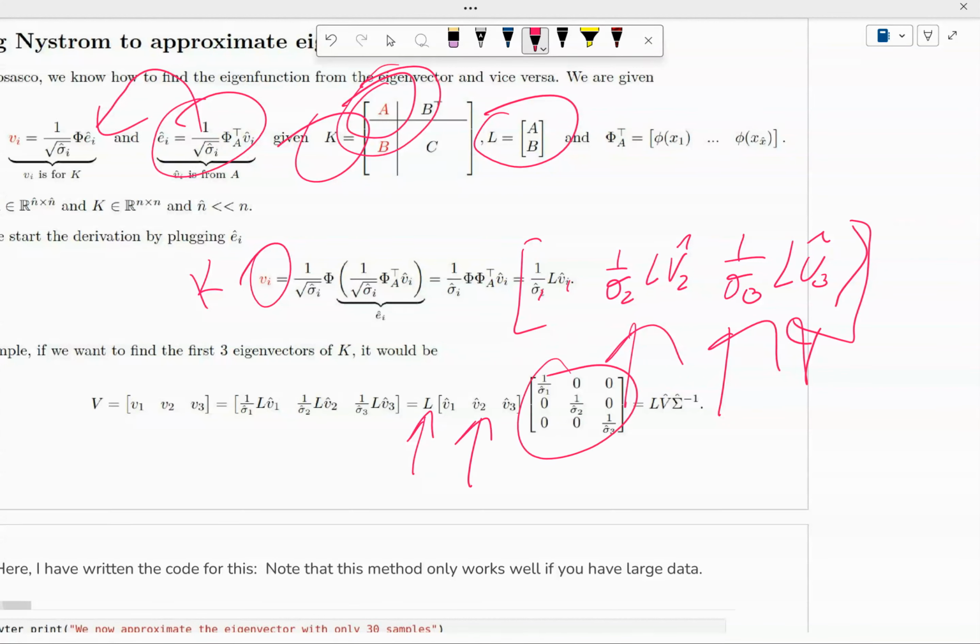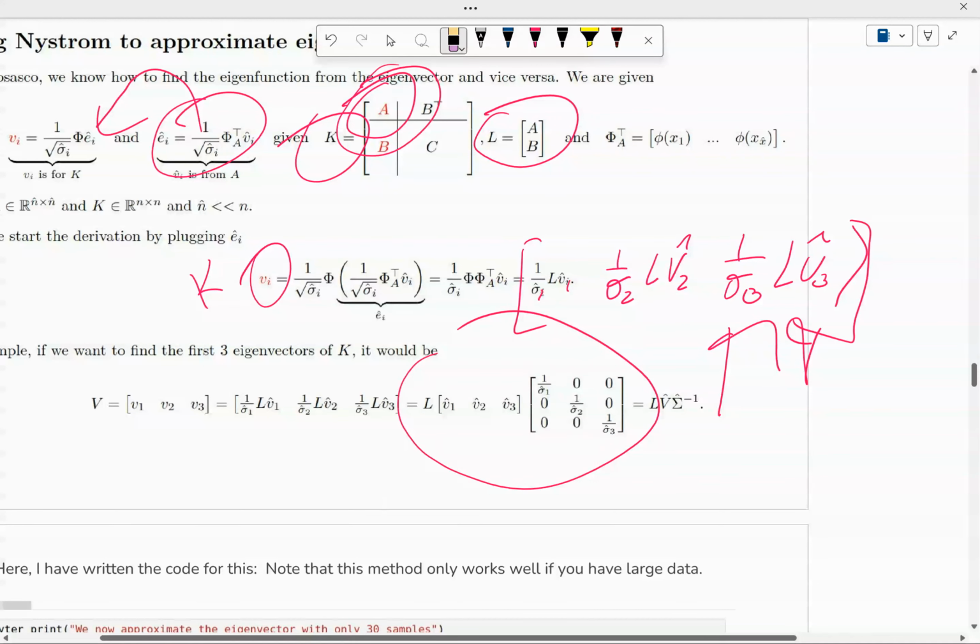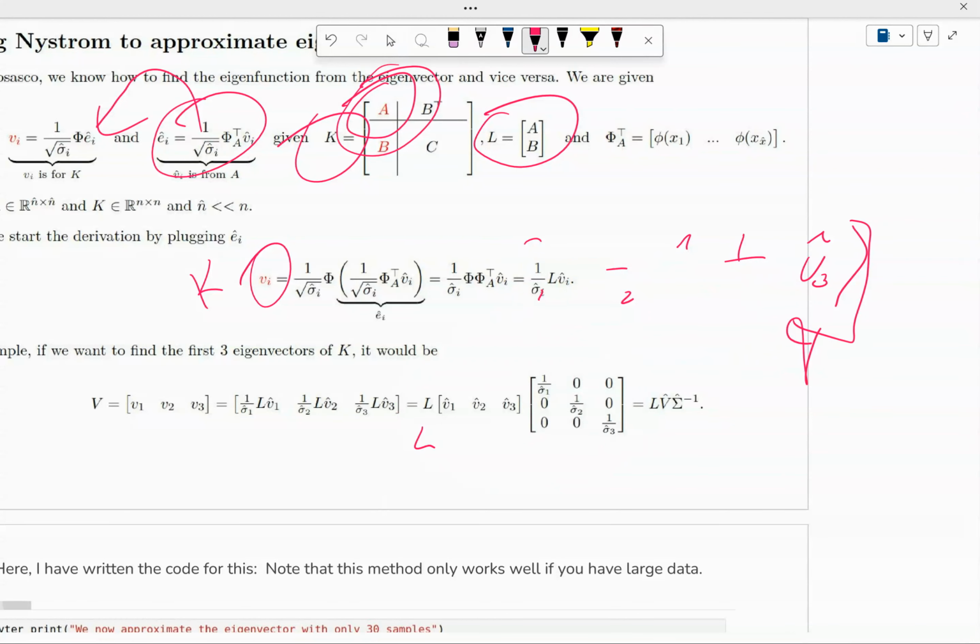Notice how you can pull the sigma out. Once you pull everything out, I'm going to call this matrix L, this V hat, and this sigma inverse. So you can get multiple eigenvectors simultaneously using this. The earlier formula tells you how to find one eigenvector, and this tells you how to find multiple of them.